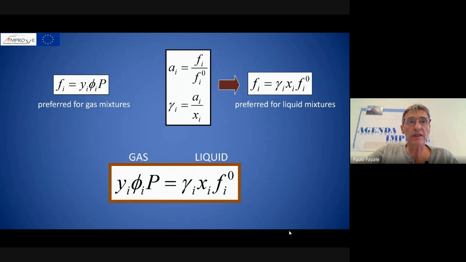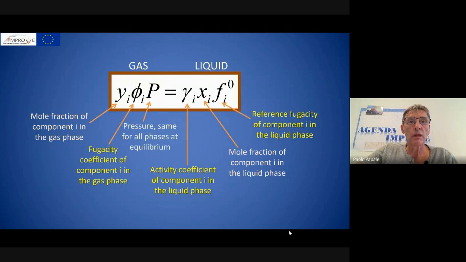So let's have another deeper look at it. The general problem of chemical equilibrium aims at determining the partition of each component between the different phases. Therefore, in general, the mole fraction of the components in the gas and in the liquid phases, y and x in this expression, are the unknowns that we want to determine through the calculations.